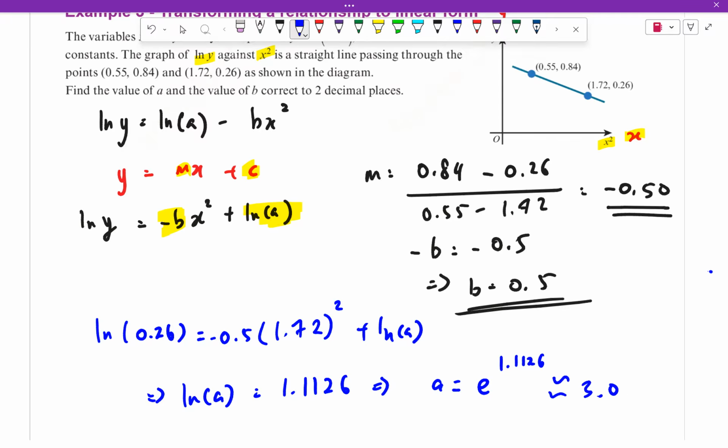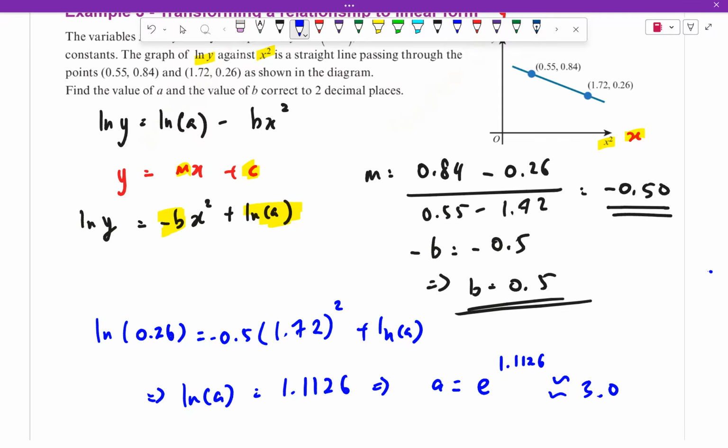The last question. You are given data with an equation. Convert the equation so that it's suitable for drawing a straight line graph. So again, we want to linearize it, so it becomes t equals ln of, okay, this is a really interesting case.